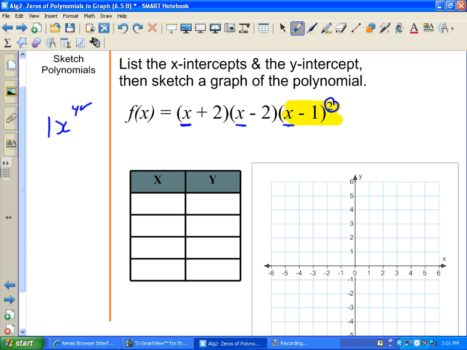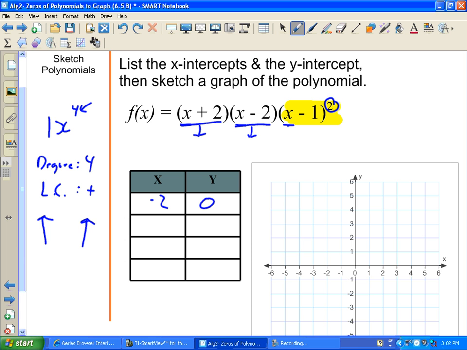So now I have a degree of 4, and then my leading coefficient is positive again. So that tells me my end behavior is up and up, like a parabola. Positive is up. All right, roots. Negative 2, 0, opposite of x plus 2 here.